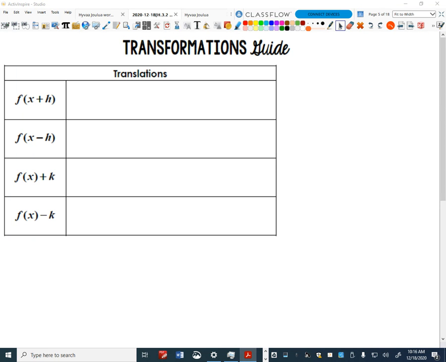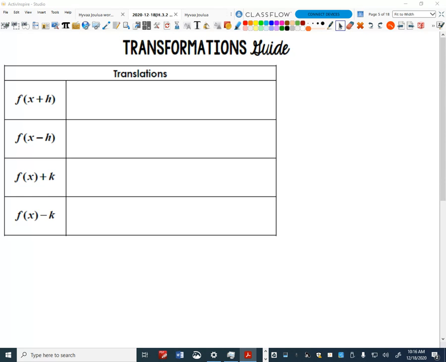Okay, so what happens if, inside the function, I'm adding or subtracting a number directly to the input x? Do you remember what that does? What does this do if I add some value to x inside the function? Can anybody tell me? Okay, I'm seeing people pointing to the left.